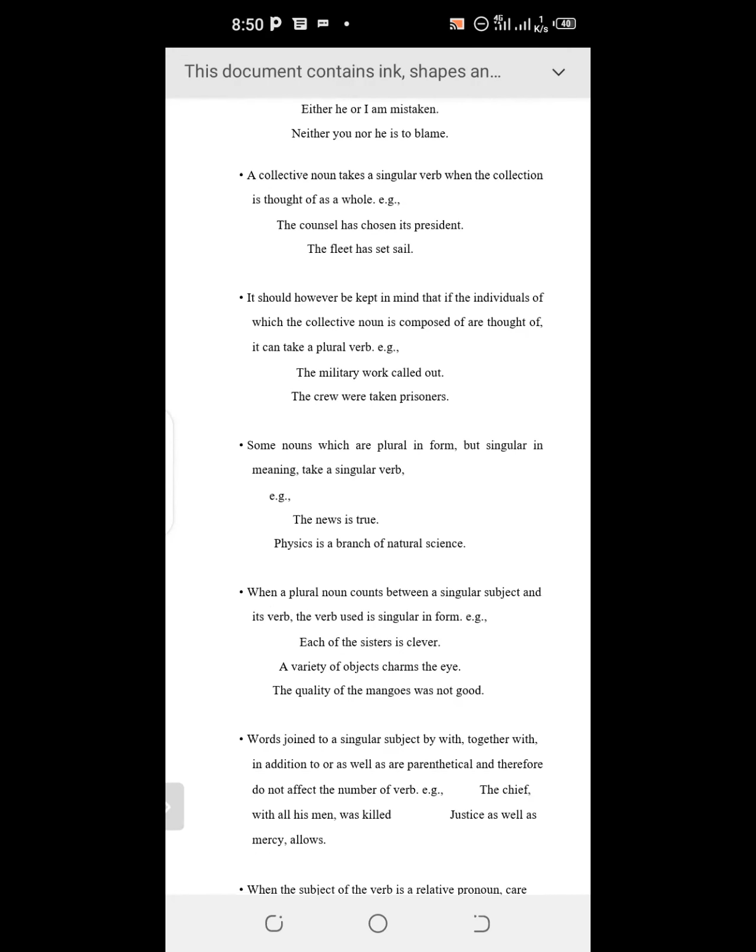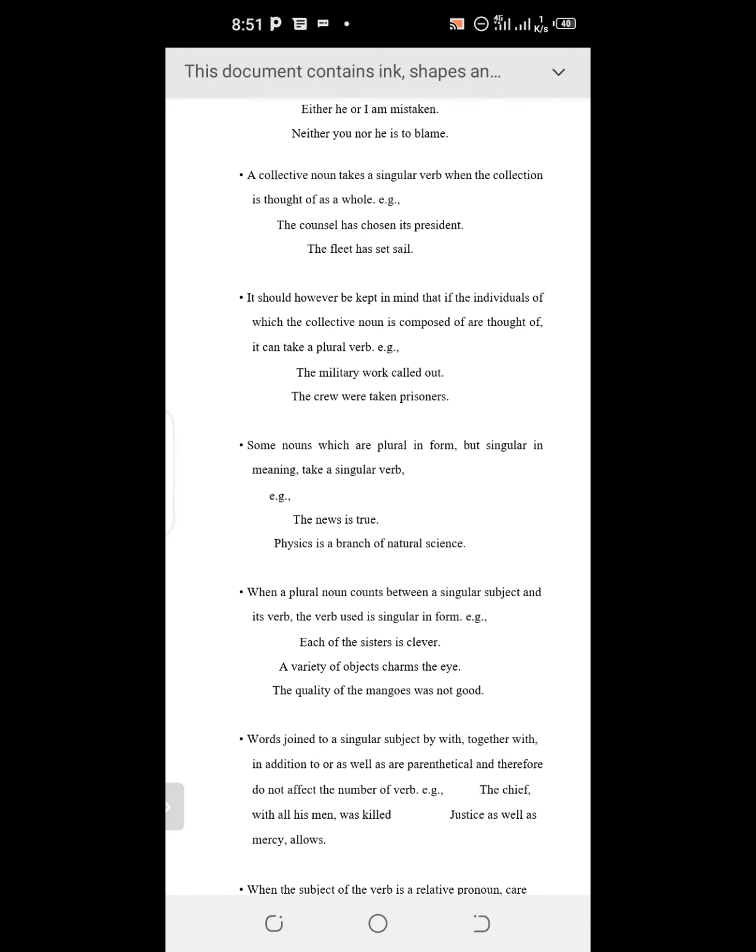Next rule here, a collective noun takes a singular verb when the collection is thought of as a whole. Okay. What is a collective noun? A collective noun is a kind of noun which always shows a collection of people, a collection of places, or a collection of things.